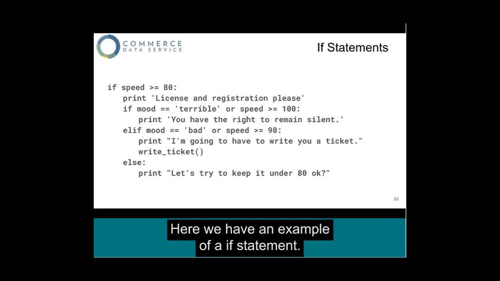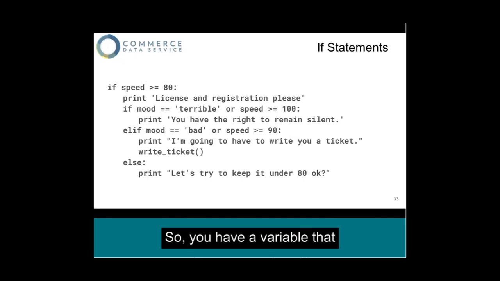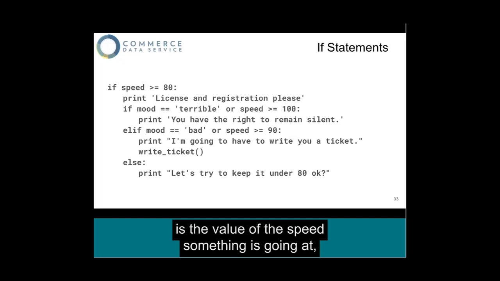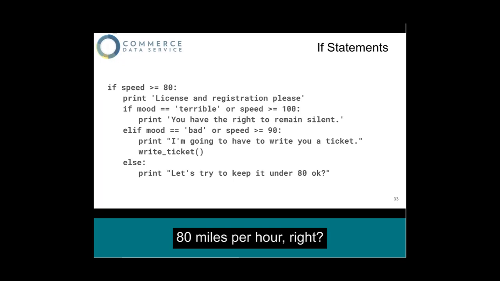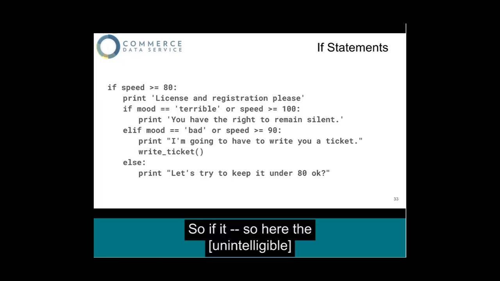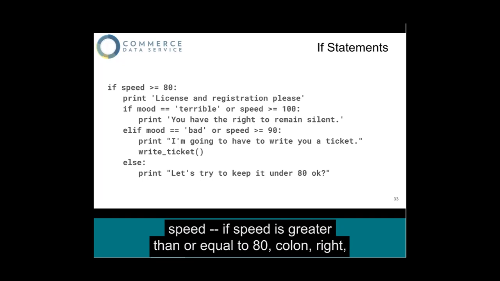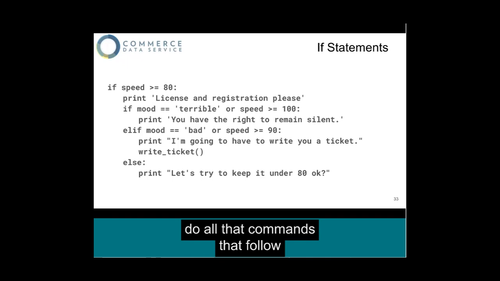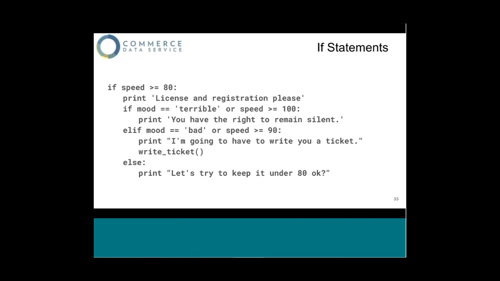Here we have an example of an if statement. Say you have a variable that is the speed something is going at, and we want to see if it's going over 80 miles per hour. In the statement you'll see: if speed is greater than or equal to 80, colon, do all the commands that follow if they're indented one level over.